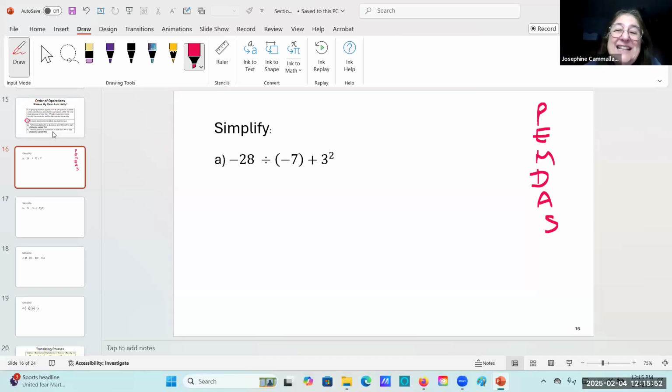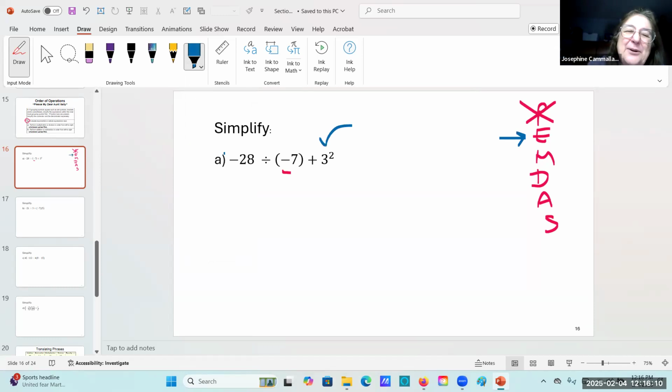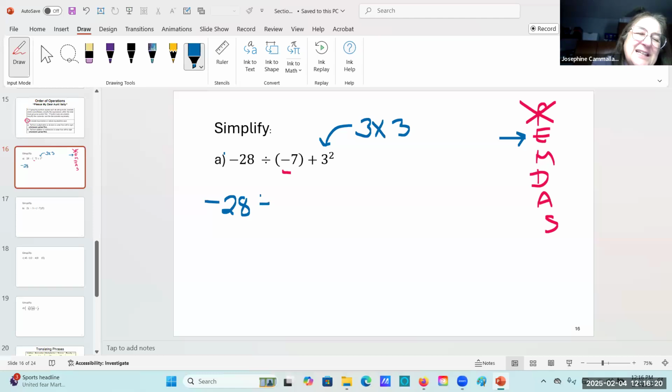Now, technically, there is no parentheses. Parentheses are grouping symbols. This -7 is a single number. We're not grouping it. But we do have an exponent right here. This means 3 times 3, which means -28 divided by -7 plus 9.